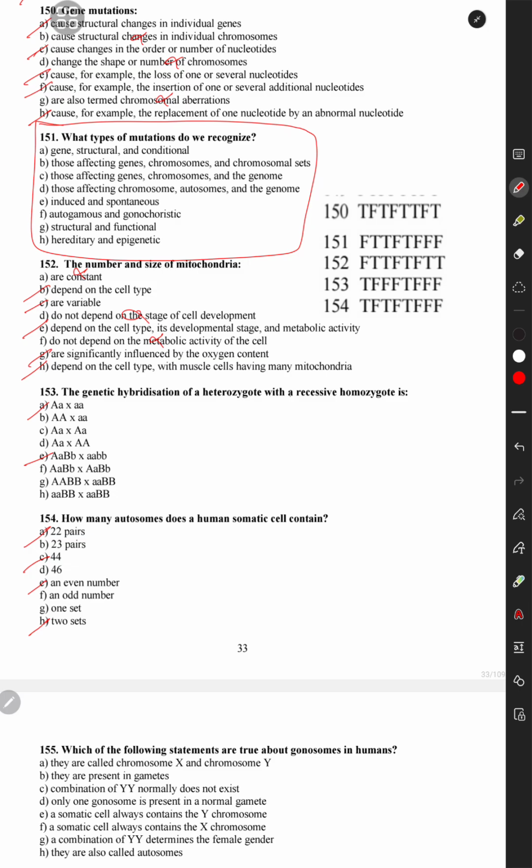False, true, false, true, false. True, false, true, false, true. Two sets, no. Sets do not occur in autosomes.